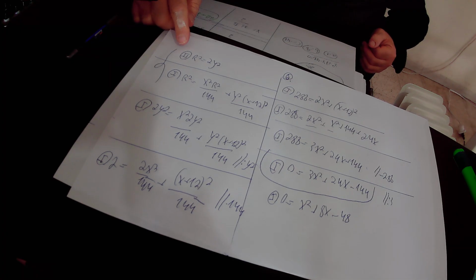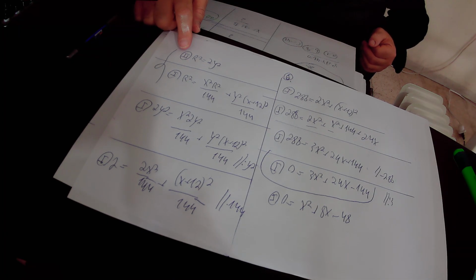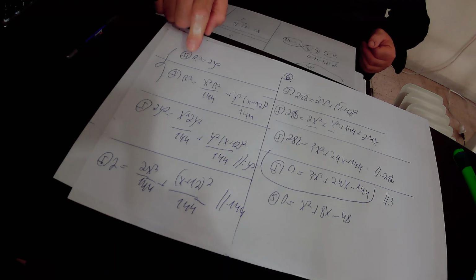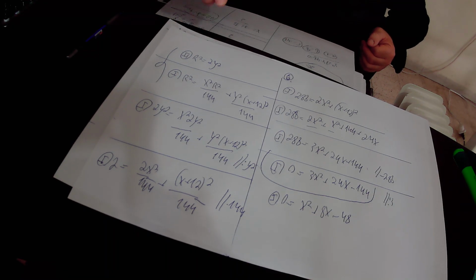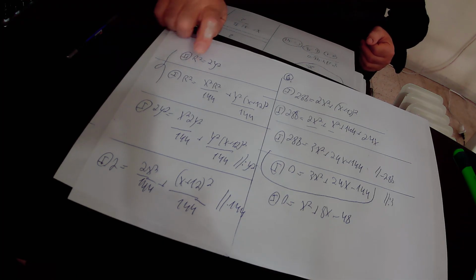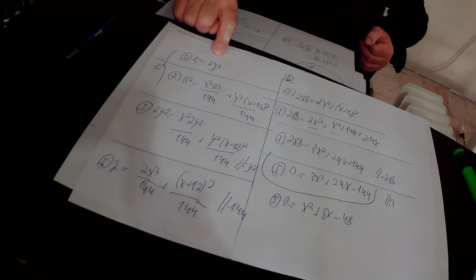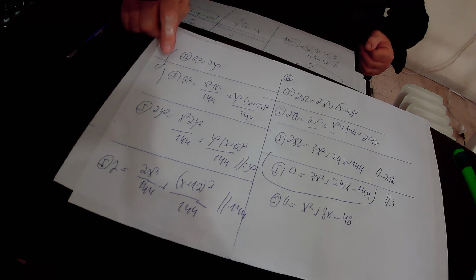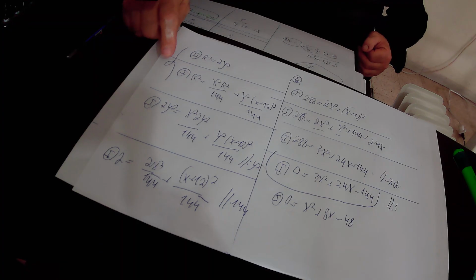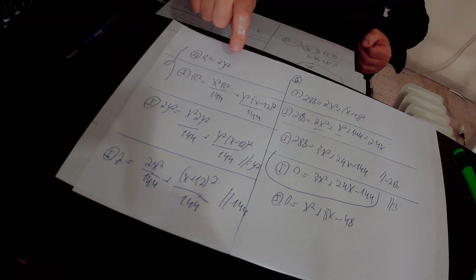In both we have R squared, so now we can substitute R squared in equation 1 by 2y squared from equation 2. We did it, and found out that according to equation 1, R squared is 2y squared, and it equals x squared times R squared.